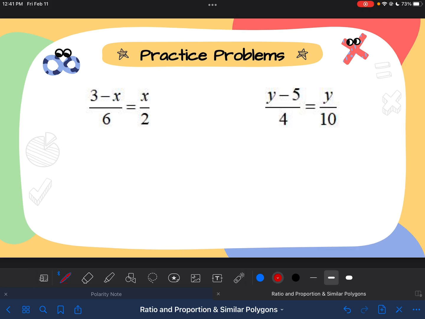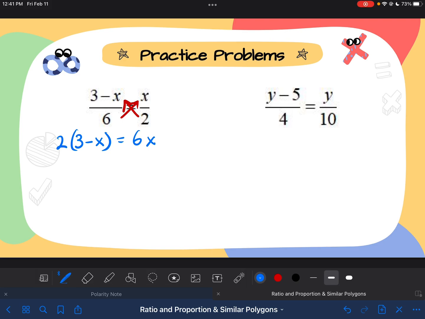Right now, we have 2, which is going to cross multiply with 3 minus x, and 6 to x. So what's going to happen? It's going to be (3 minus x) times 2 equals 6x.